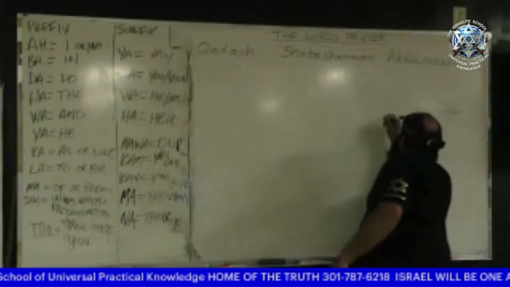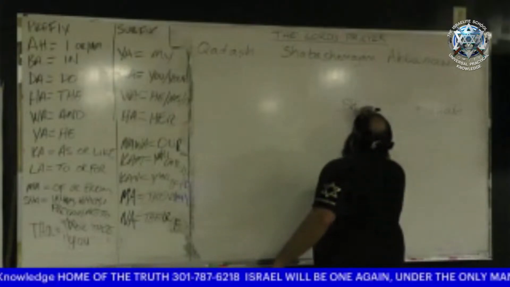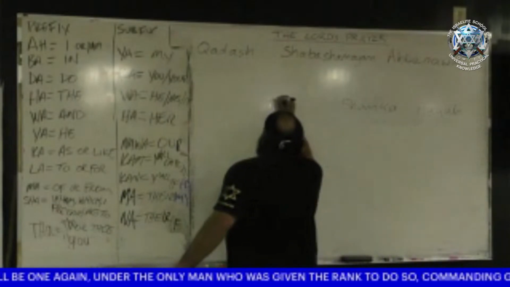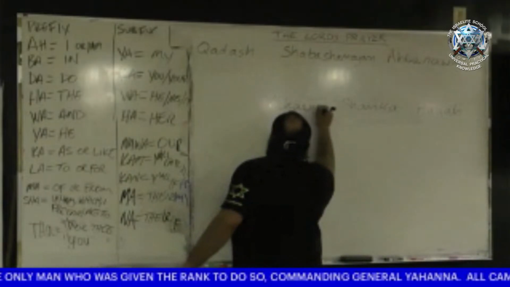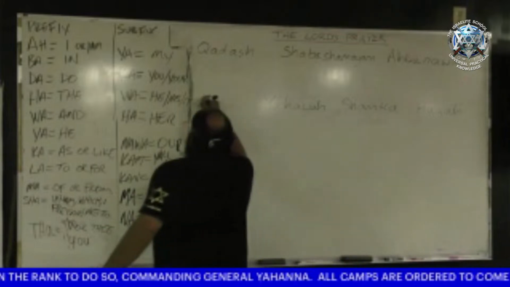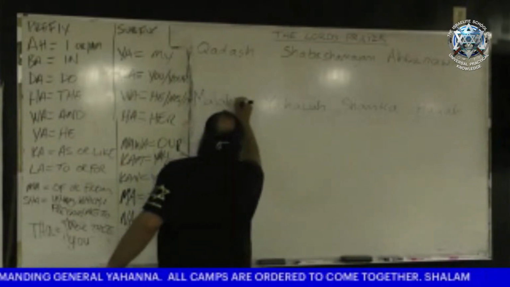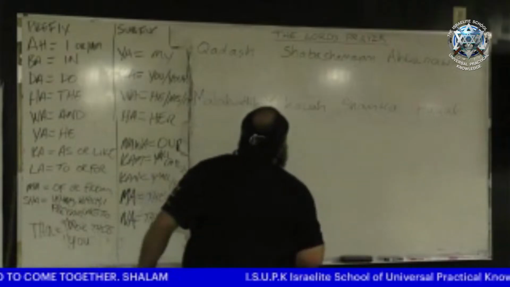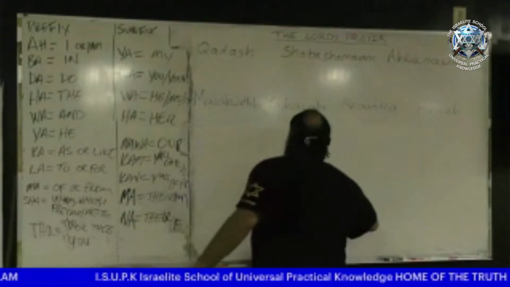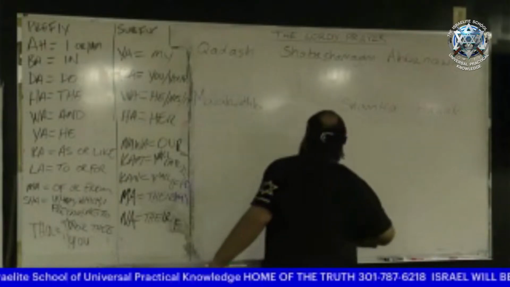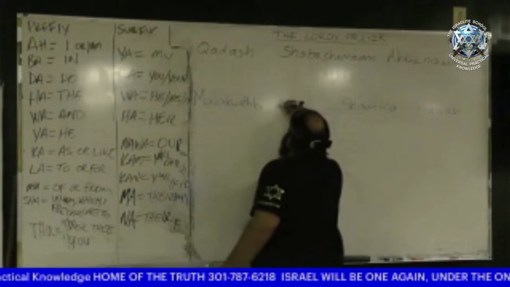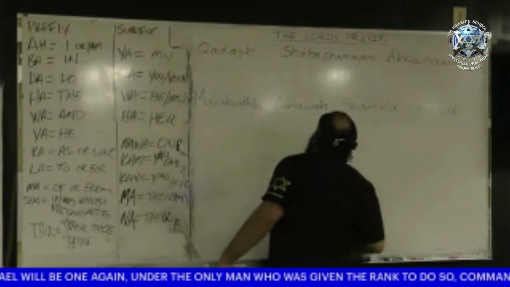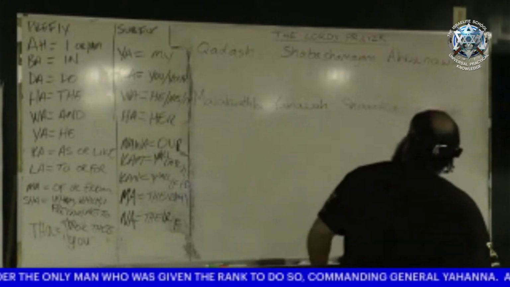Shamka. Yahweh. Malak. Was Ka. There we go. Yahweh. Malak was Ka.